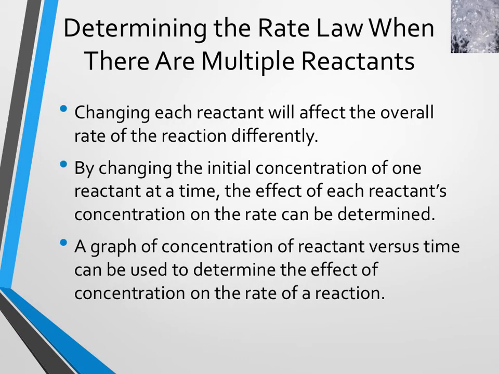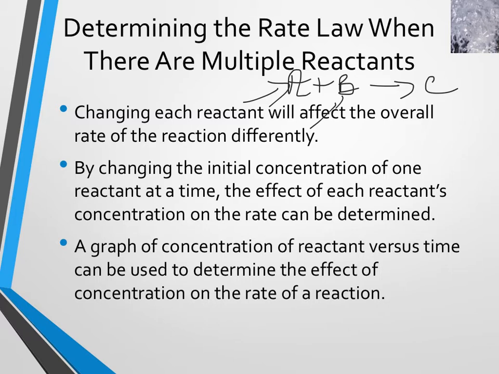Right, so if there is a reaction that has more than one reactant, which is very common, you have to experimentally determine the order of the reaction with respect to each reactant. And so that can end up being a lot of trials or a lot of experiments to do that. Remember that we're going to have to determine the initial rate of a reaction.